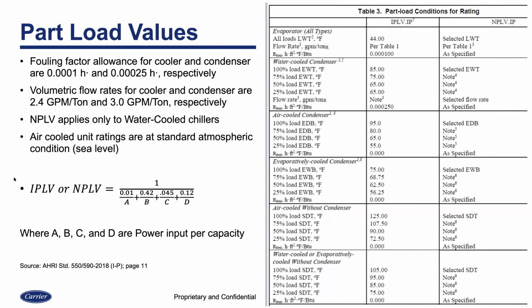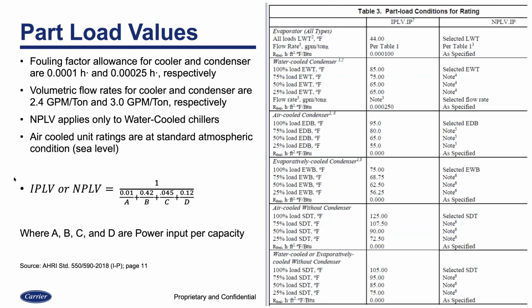B, beta, represents the load of 75%, or the kW per ton at 75%, and 0.42 indicates that the unit operates 42% of the time at 75% capacity. And the same concept applies for letters C, Charlie, and D, delta, 45% and 12% respectively.